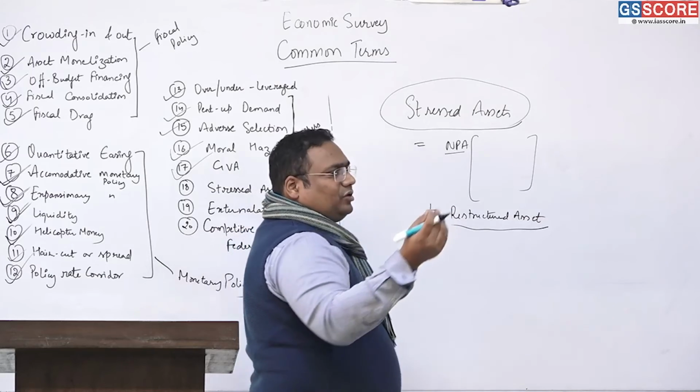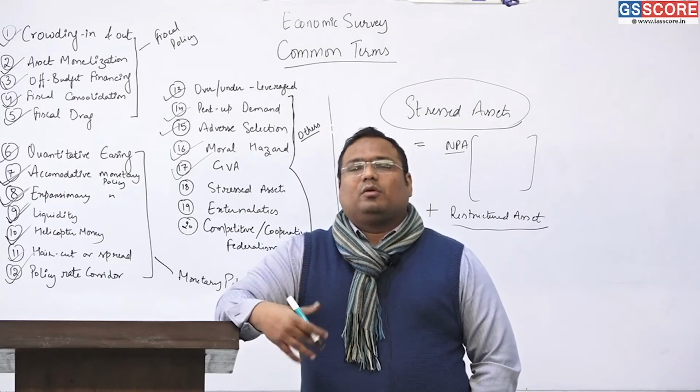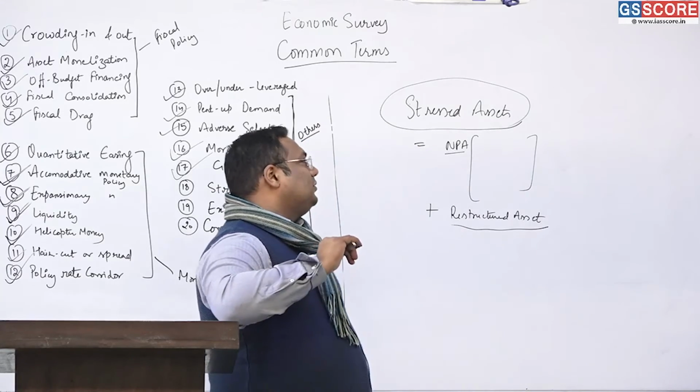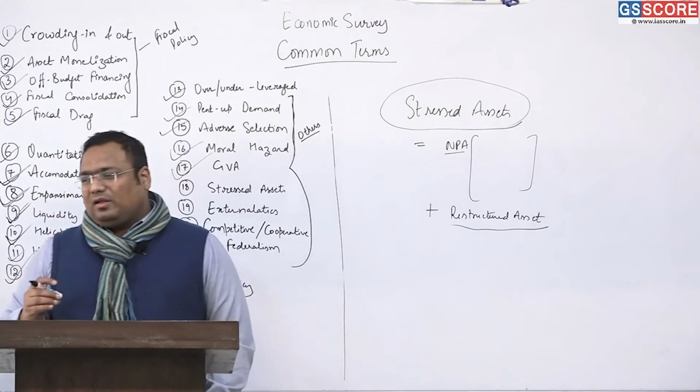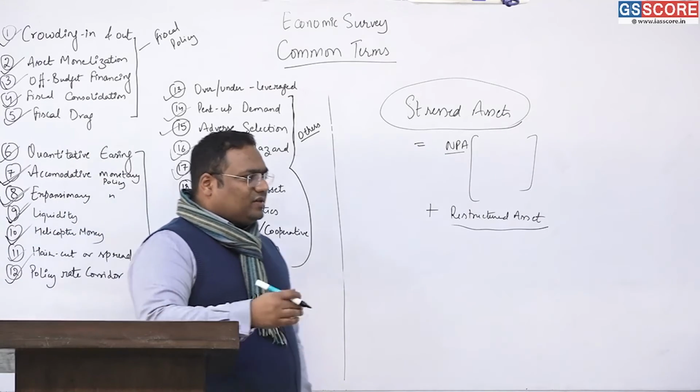Restructured assets are those assets on which we give some discount to the customer on the terms of the loan. Somebody lost a job and is unable to repay the loan. He approaches the bank with a genuine difficulty.